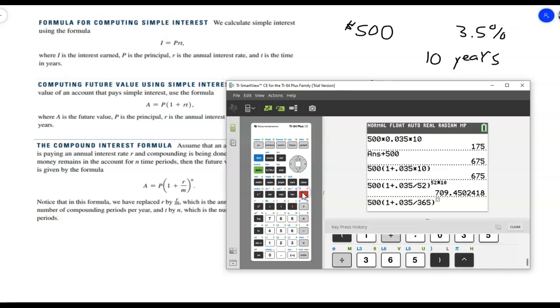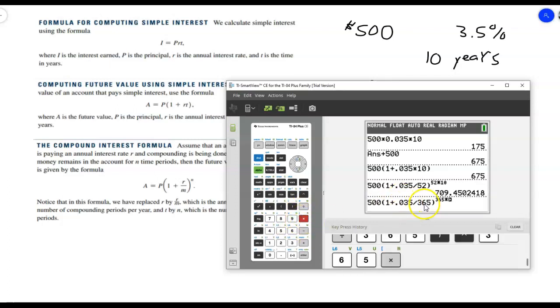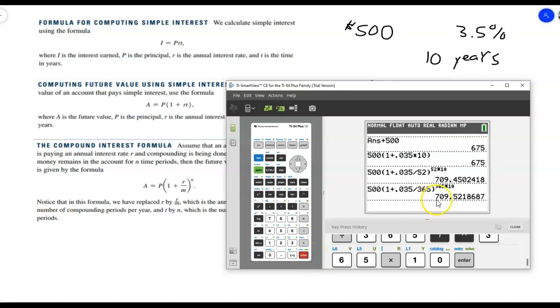And then we're going to raise that to the 365 times, because it's 365 times a year per 10 years, so we're going to multiply that by 10, and we are going to get 709.52. So look at that. We only made 7 more cents by changing it from weekly to daily. So it's not that huge of a difference.